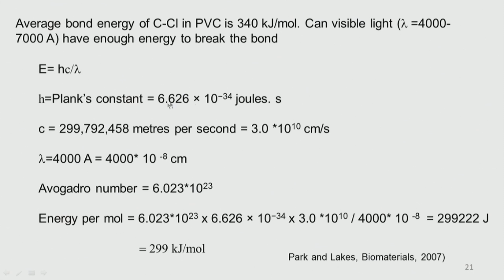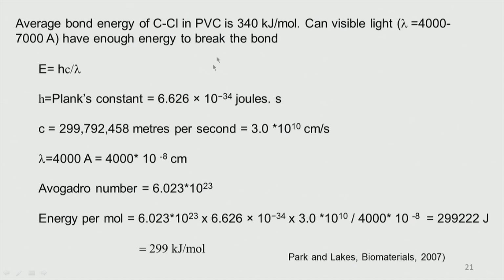Planck constant is given by 6.626 10 power minus 34 joule second, c is the speed of light, so many meter per second, that is 3 into 10 power 10 centimeter per second. Lambda, let us take the smallest 4000 angstrom, that is 4000 10 power minus 8 centimeter. Avogadro number is 6.023 10 power 23.